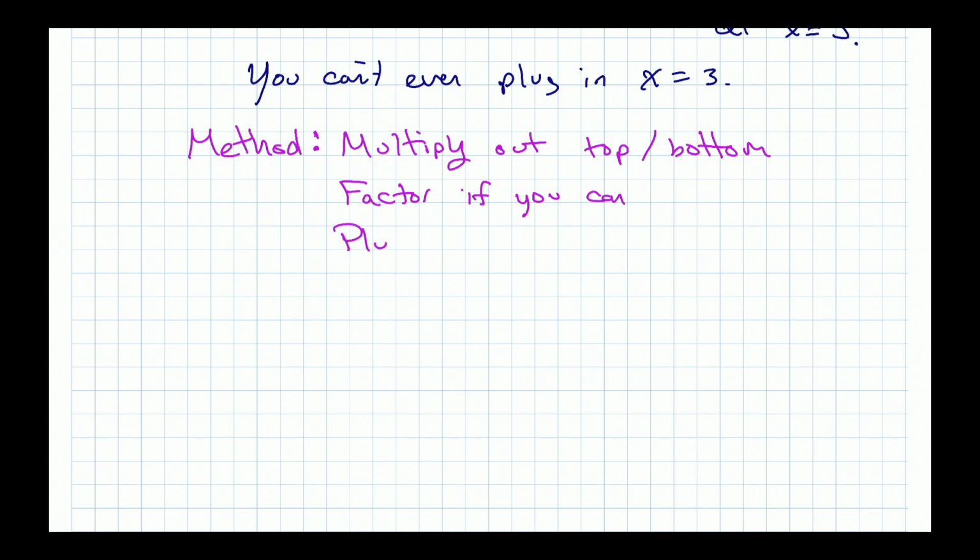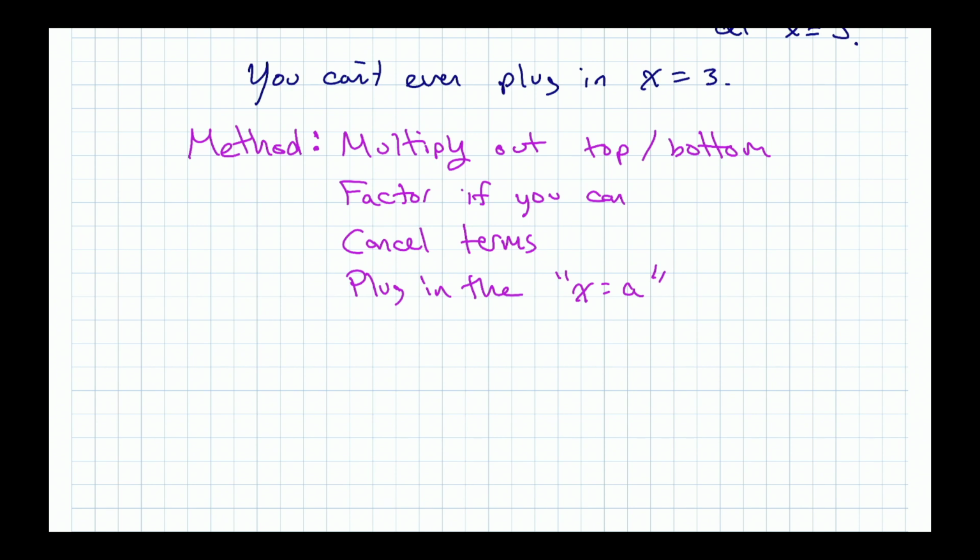And then after you factor, you're going to be able to cancel terms. And then you should just be able to plug in the x equals a, whatever the limit is, right, to evaluate the limit.